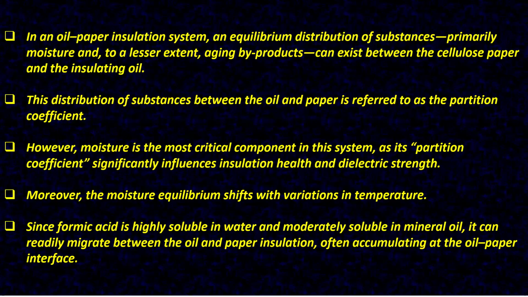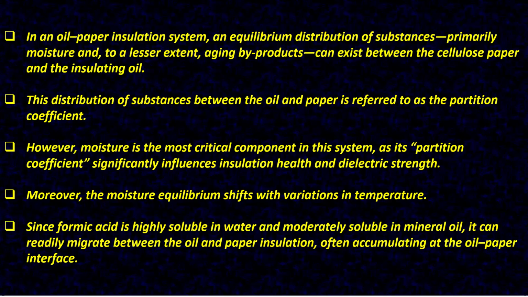In an oil paper insulation system, an equilibrium distribution of substances, primarily moisture and to a lesser extent aging byproducts, can exist between the cellulose paper and the insulating oil.